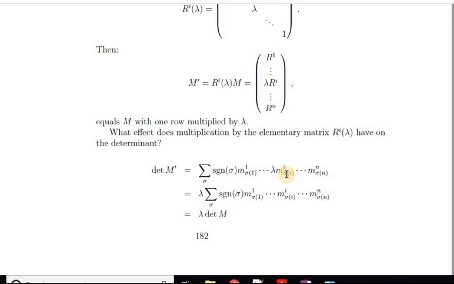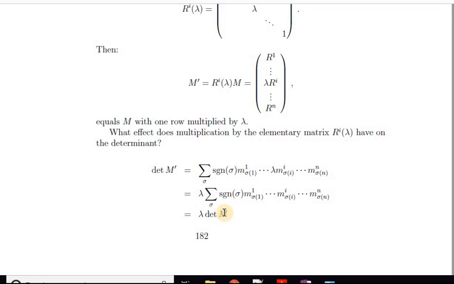That's the only change, and every term in the product will be changed the same way. The upshot is the entire sum gets multiplied by lambda, because each term in the sum is multiplied by lambda. So I pull the lambda out front, and the determinant of the matrix M with row i multiplied by lambda is lambda times the determinant of the original matrix.